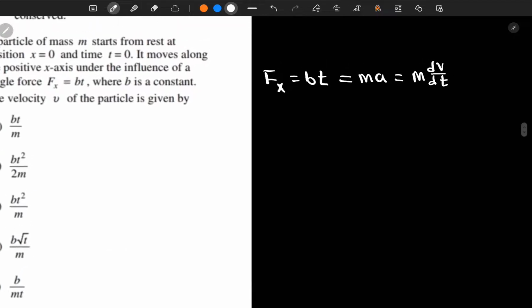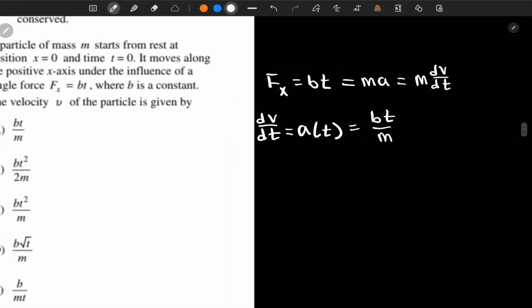Then, solving for a first, we know that a of t is equal to b times t over m. Then, we know that a of t is really the time derivative of the velocity.